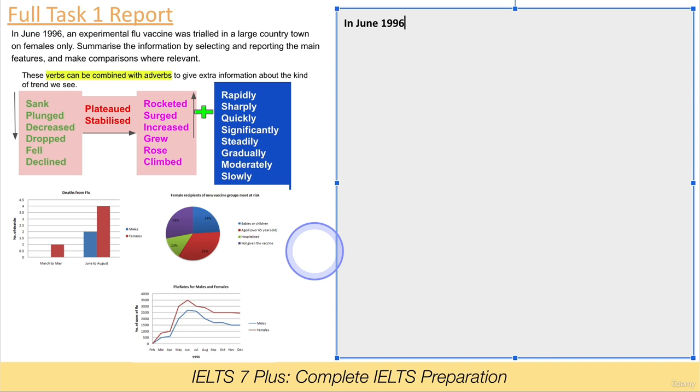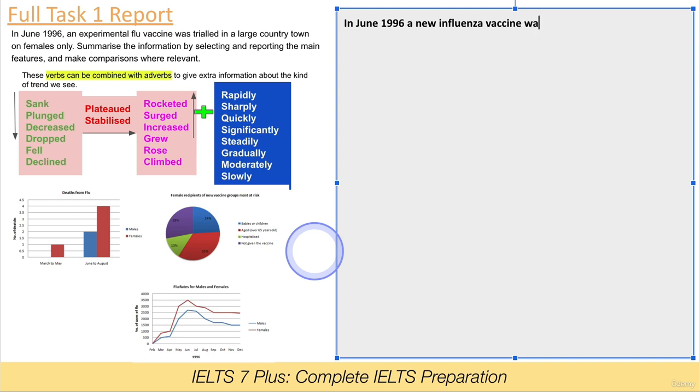In June 1996, an experimental flu vaccine, a new influenza instead of flu. Vaccine again is difficult, so we'll keep that.